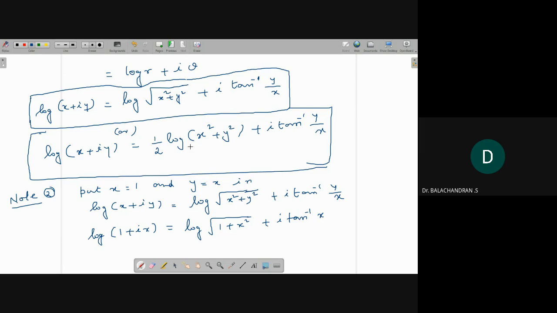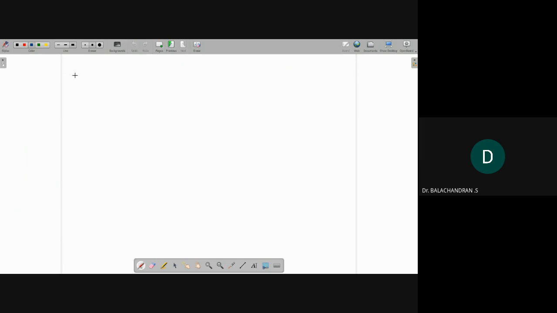Otherwise we can write tan inverse of x is equal to the imaginary part of log of 1 plus ix. Now you should know the log of 1 plus x formula. What is the formula of log of 1 plus x?